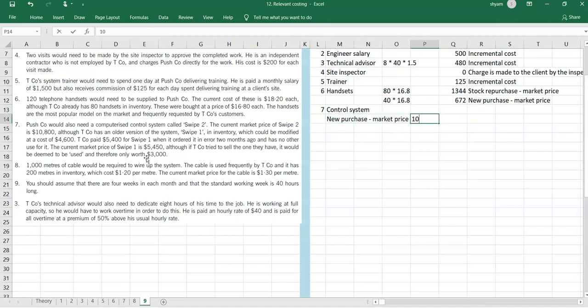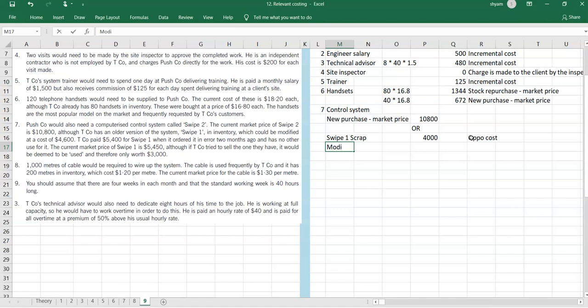A new purchase would be made at 10,800, or you can use this old model. Swipe 1 you could have sold as scrap. So the scrap value would have been 4,000. You could have got this amount. So this is the opportunity cost, 4,000, plus you have to add the modify cost.